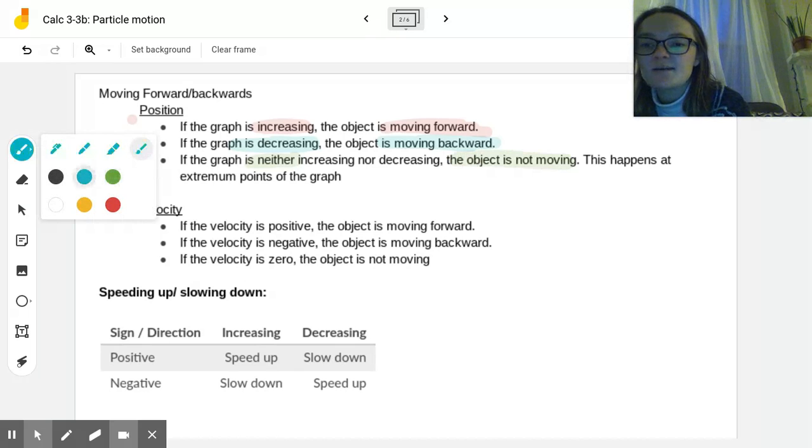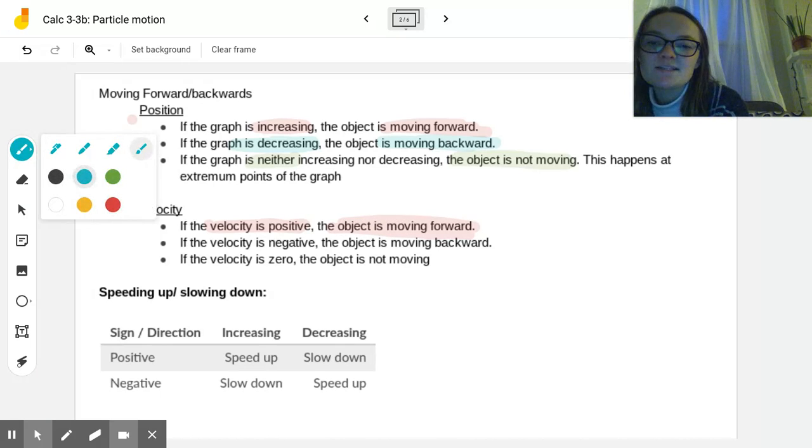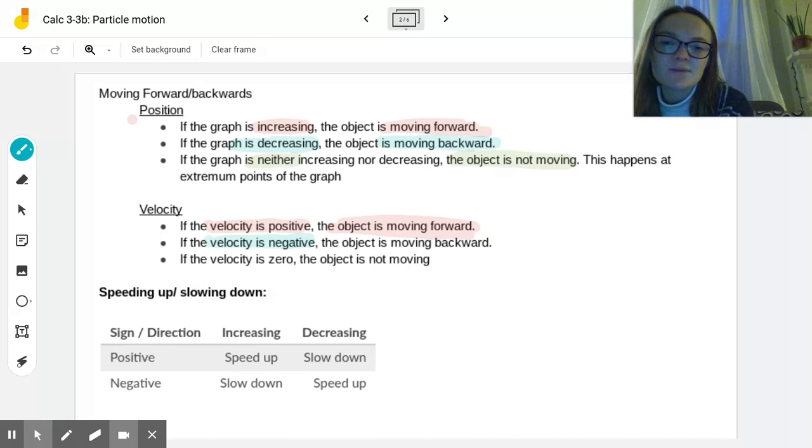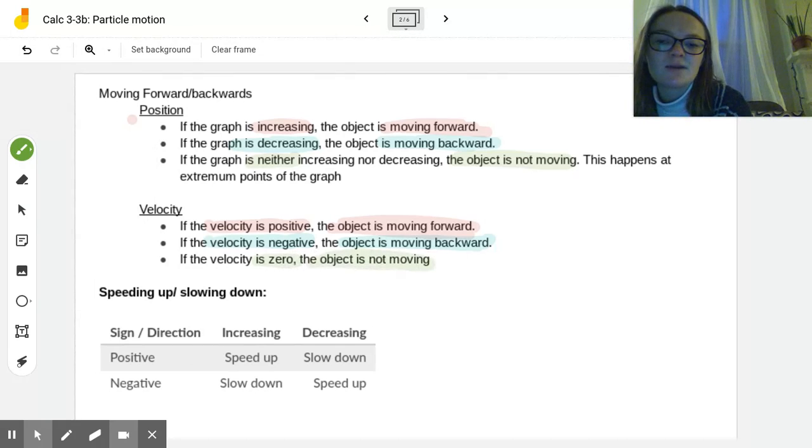For velocity, if my velocity function is above the x-axis, the object is moving forward. If the velocity is negative, below the x-axis, the object is moving backwards. And if the velocity is equal to 0, the object is not moving at all.